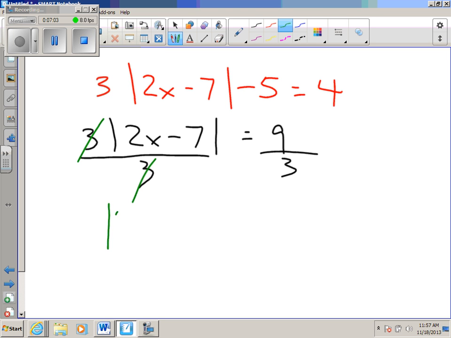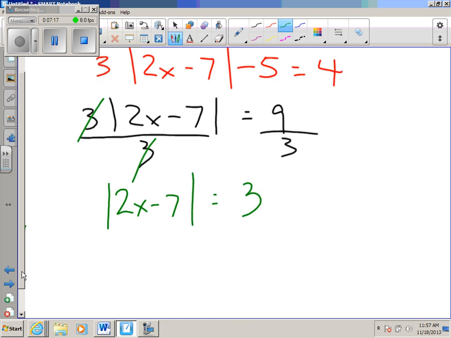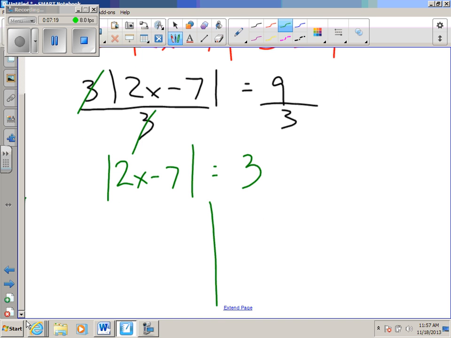So what we're left with is our 2x minus 7 is going to now equal 3. Okay. Now from here, it's just like the other ones that we did. We're solving 2 separate equations. 2x minus 7 equals the positive 3. 2x minus 7 equals the negative 3.